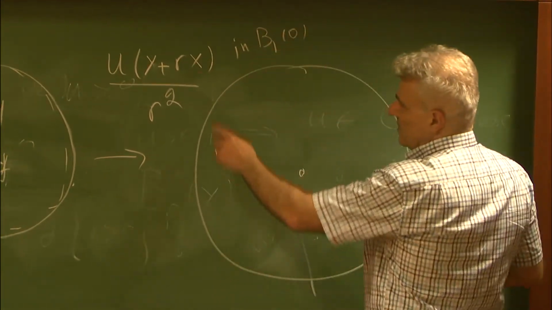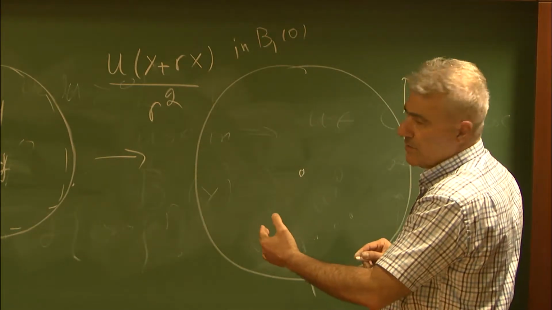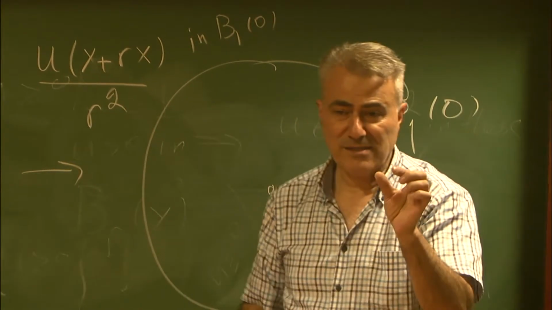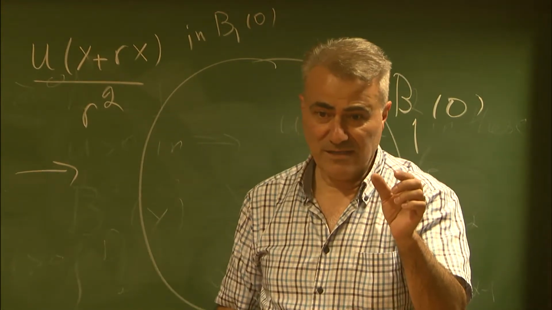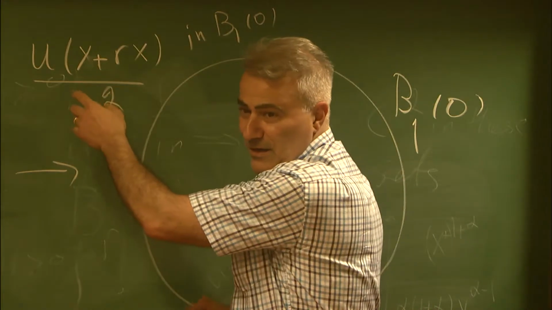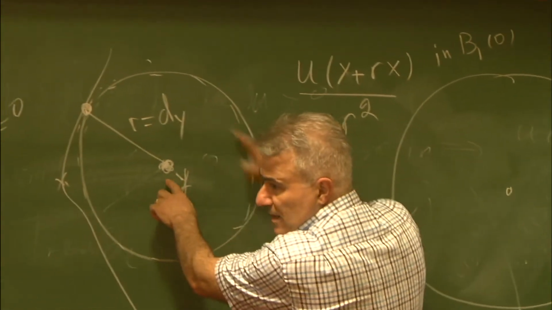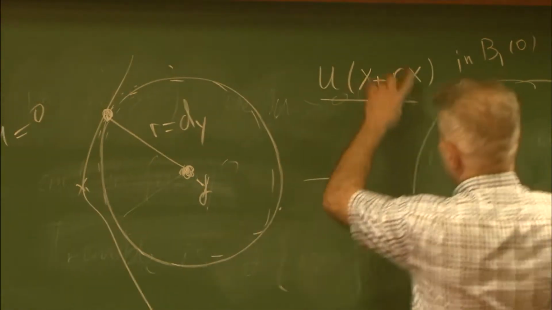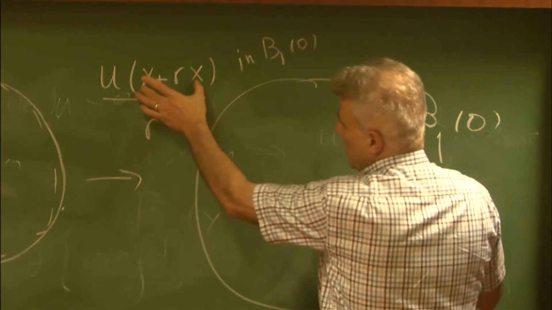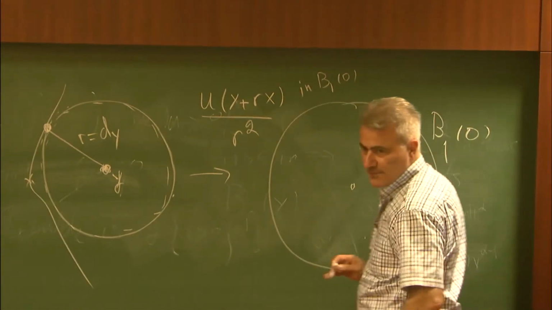So it means that the point x is going to be the polar radius 1, with center 0, and rx is a point, rx has length r, because x has length 1, so rx has length 1 with r, and the center is y. So I'm starting at y, going around with rx like this. It's the same as the whole guy here, the x is here, basically. So this guy is going to be here, and x is going to be here. It's the same.